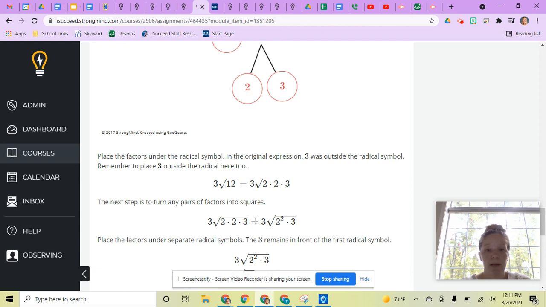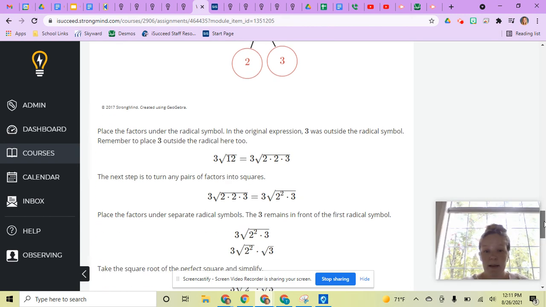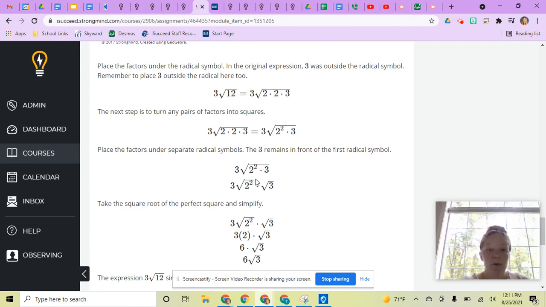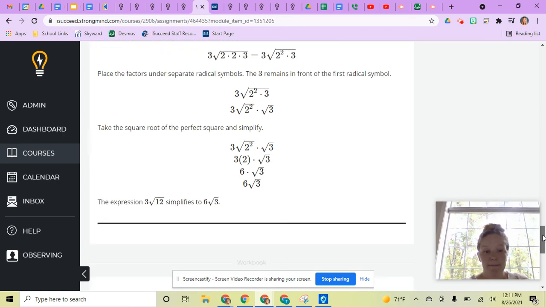So they rewrote it as 2 squared times 3 under the radical there. Then they broke the radical up into the square root of 2 squared and the square root of 3. And then you can simplify. The square root of 2 squared is just 2 because those are opposite operations. 3 times 2 is 6, so you end up with 6 times the square root of 3.